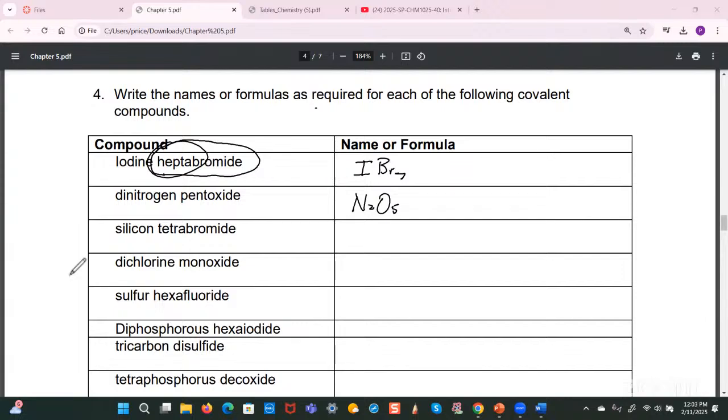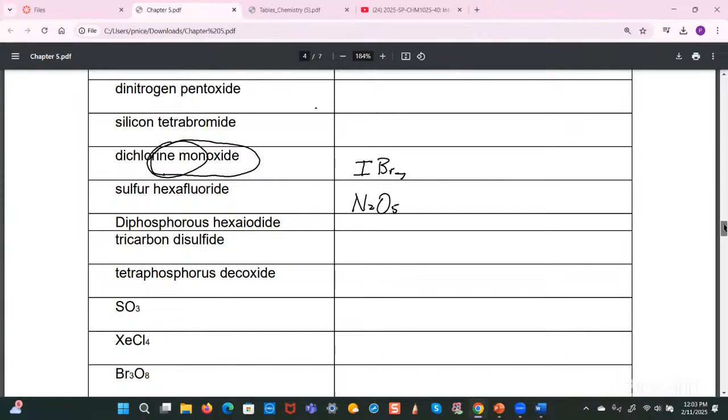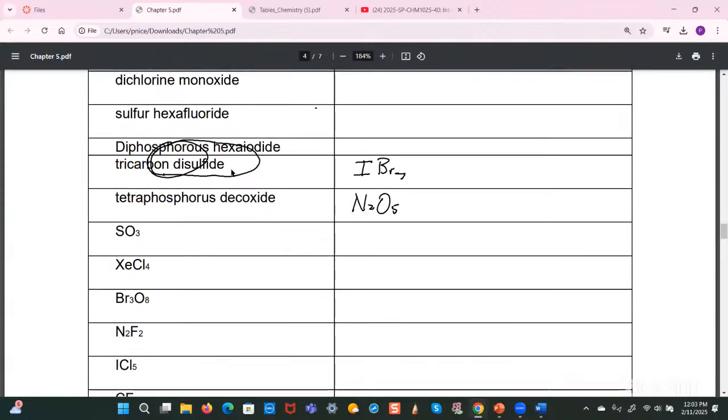Let me scroll down here because the other part is the reverse. They gave you the formulas and they're asking for the name. So let's do a couple of these. Let me just clear this here. Okay, starting with this one, SO3. So that's a formula. So what's the name?